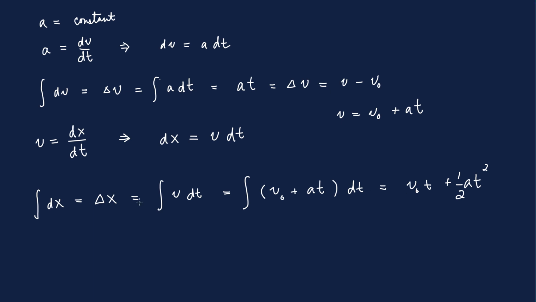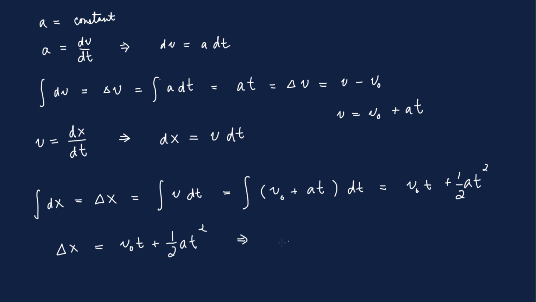If I appreciate that over here on the left-hand side I have delta x, which is x minus x naught, then I can write this as the very familiar equation: delta x is equal to v0 times t plus 1/2 the acceleration multiplied by time squared.